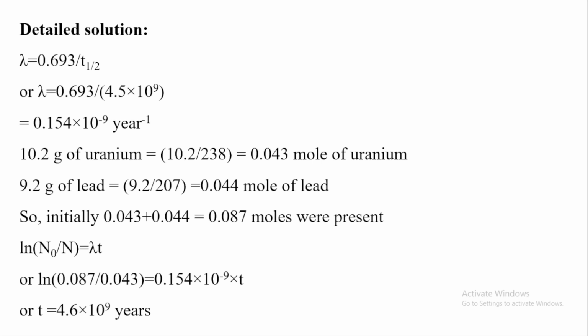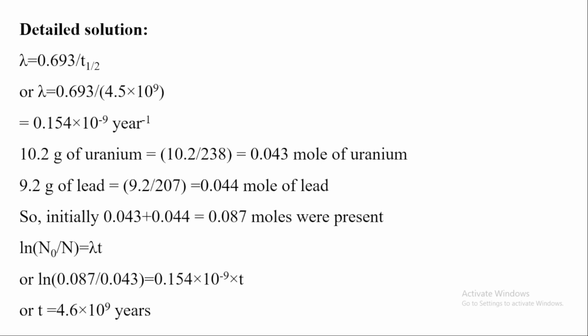The amount of uranium given is 10.2 grams, and the atomic mass of uranium is 238. So given mass upon the atomic mass, 10.2 divided by 238, is 0.043 moles of uranium.